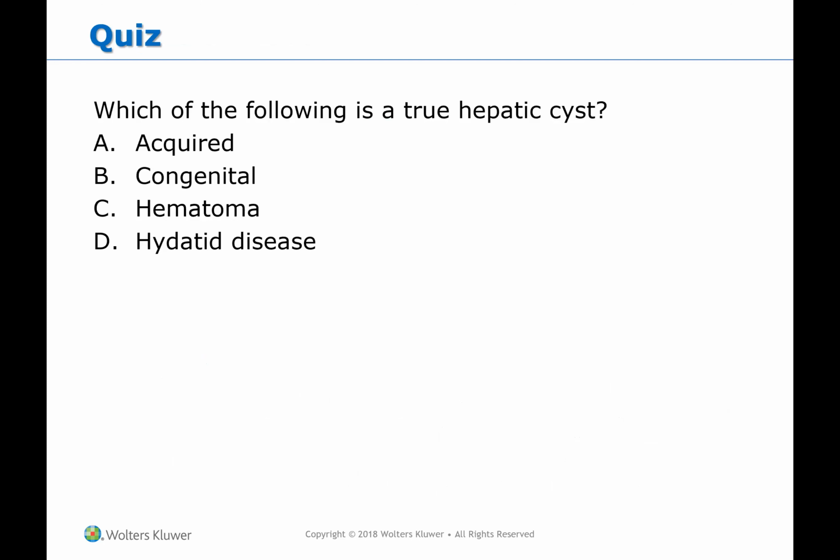So which of the following is a true hepatic cyst? Acquired, congenital, hematoma, or hydatid disease? You said B, you're correct. True hepatic cysts are congenital and further categorized as simple cysts or related to hereditary disorders such as polycystic liver disease.